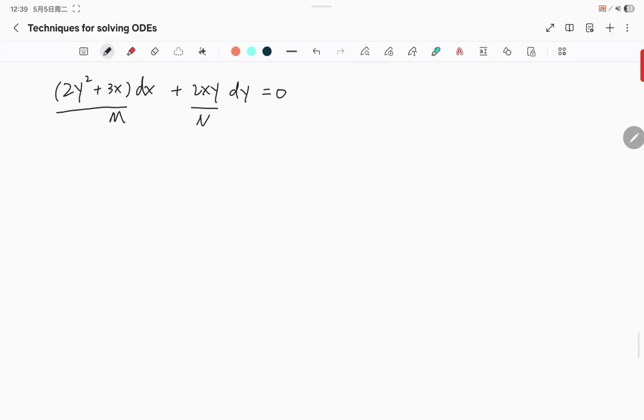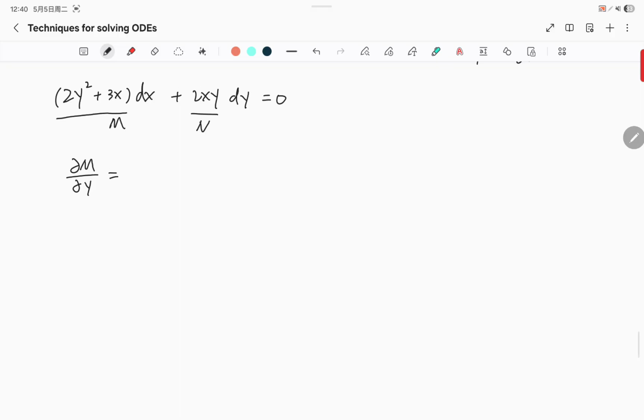If what are the same? This. Is it equal to del N del x, the partial derivative? If they are the same, then that's going to be the same as what we did before. If they are not the same, then this is the case for this example.